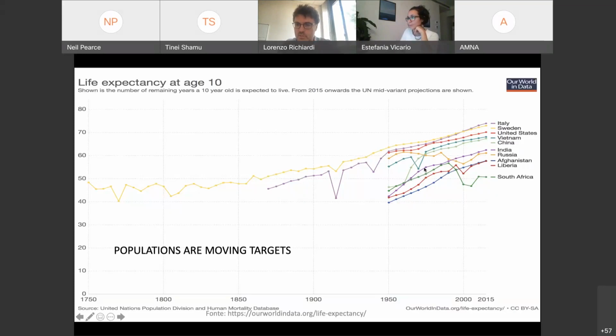Here, for example, in South Africa, we can see that at a certain point, the HIV epidemic has really shaped the trend in life expectancy. Or in Russia, when the disruption of the political system at the end of the 20th century has changed the trend, and suddenly the life expectancy went down and then started increasing again after 2000.